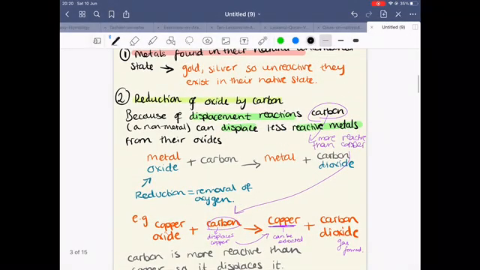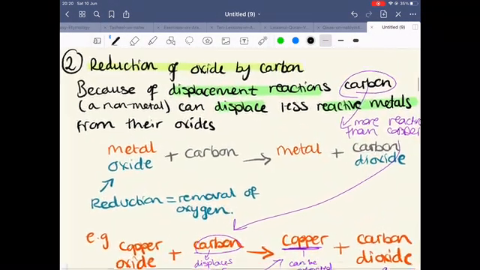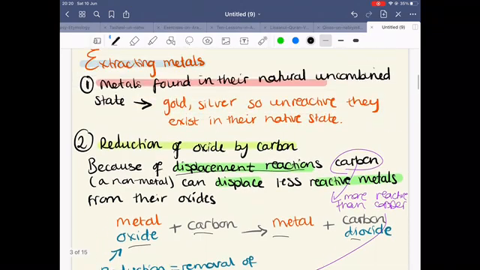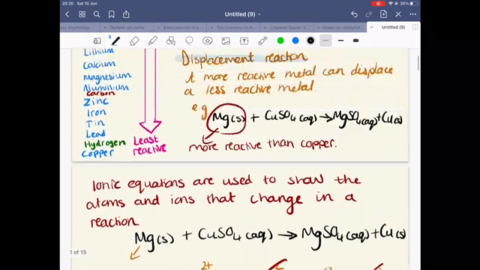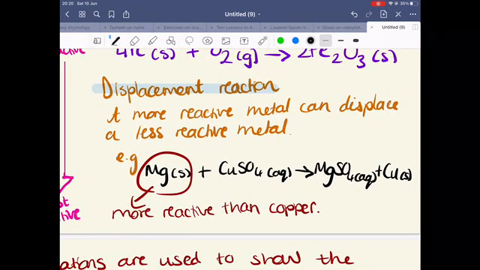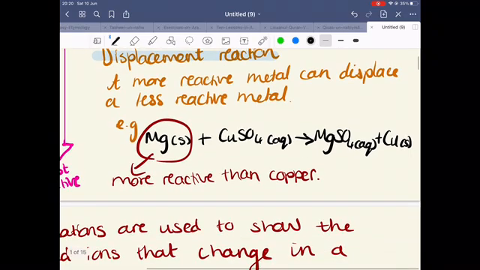Okay, so going back to topic 4, the chemical changes topic, I just want to look at displacement reactions again. So we looked at an example of displacement reaction in the extraction of metals using carbon reduction. Because carbon was more reactive, it displaced the less reactive metal. Now, displacement reaction is when a more reactive metal can displace a less reactive metal.